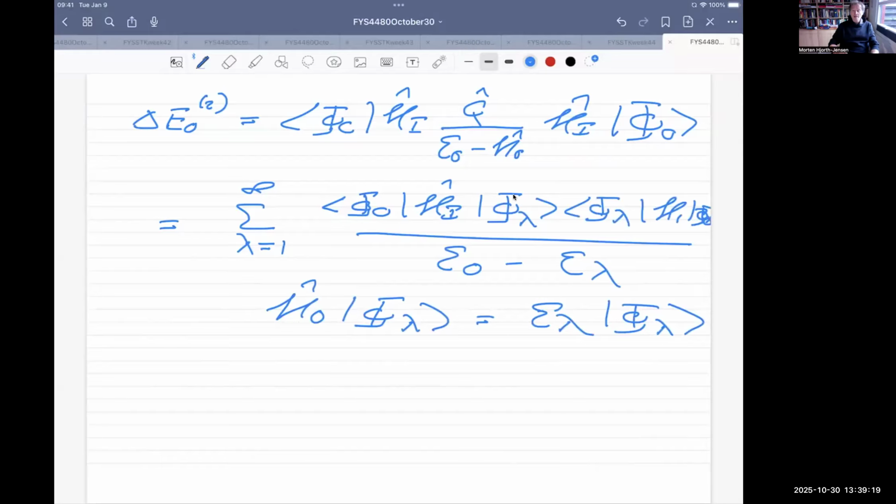And when we look at that denominator, if we make a Taylor expansion, this is going to act on the states, the phi lambda. And if we then rewrite it as a denominator here, we get simply epsilon 0 minus epsilon lambda. So this is the term which we now are going to dissect a little bit, depending on the type of intermediate states which we have.